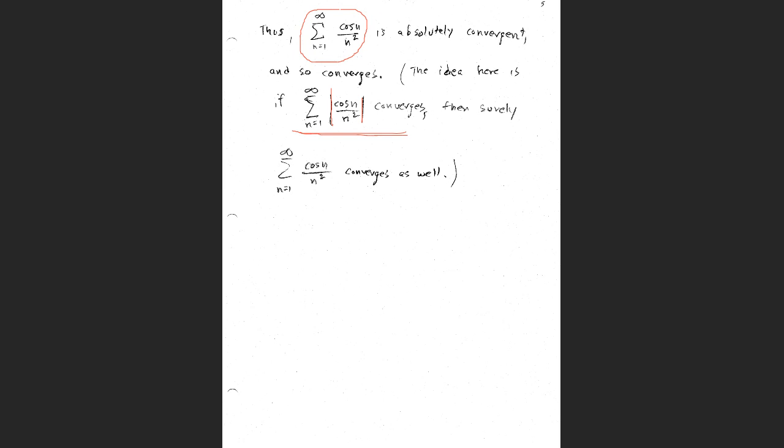If that's the case, then our series is called absolutely convergent, and it has to converge also. The idea here is if the series n equals 1 to infinity of the absolute value of the terms converges, then the series would certainly converge as well.